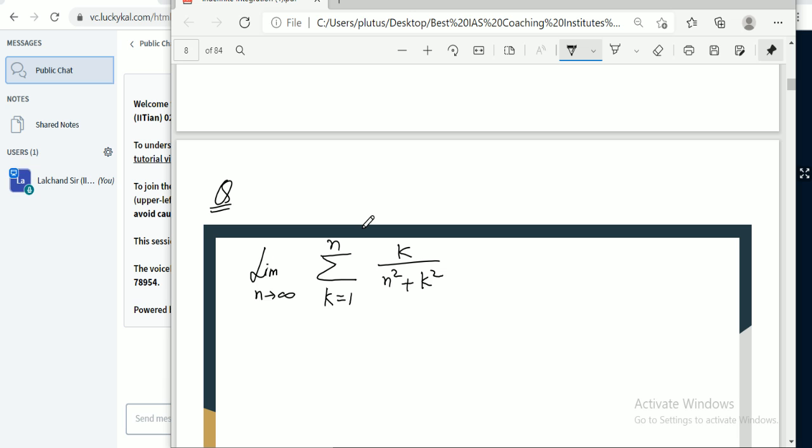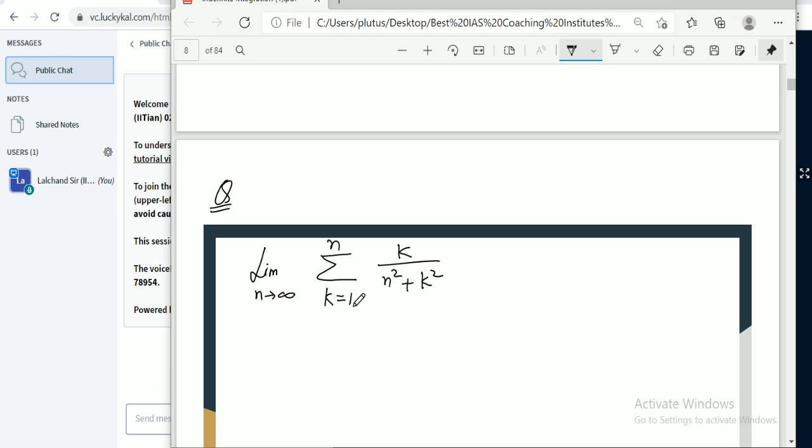Use the same concept we have discussed earlier. First, try to convert this sigma into an integral. I have explained how to convert this equation into an integral, so try to follow the same procedure.